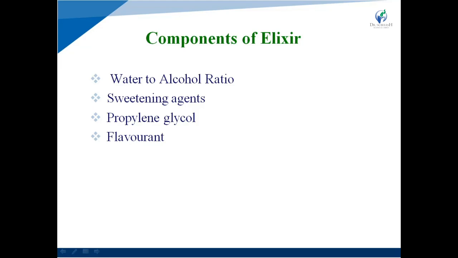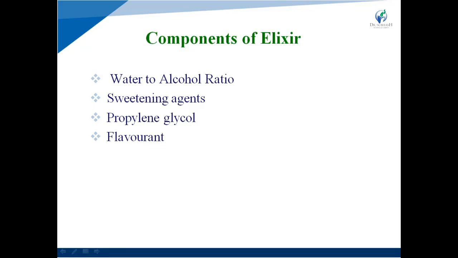Examples are salts of benzoic acid, sodium benzoate, etc. Elixirs containing more than 10 to 12% of alcohol are usually self-preserving and do not require the addition of any antimicrobial agent.